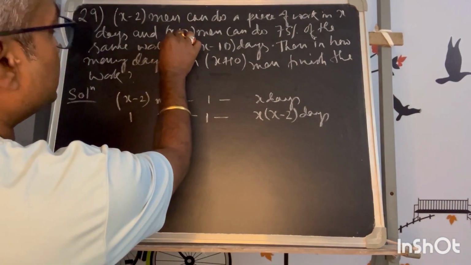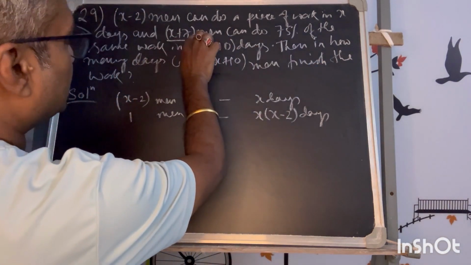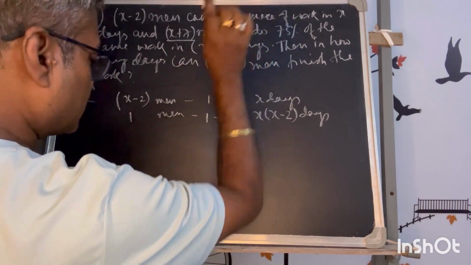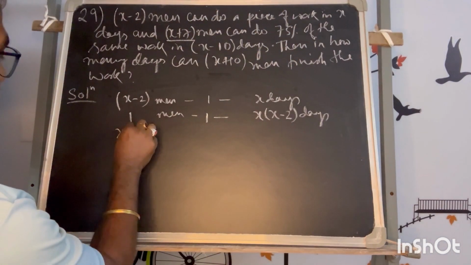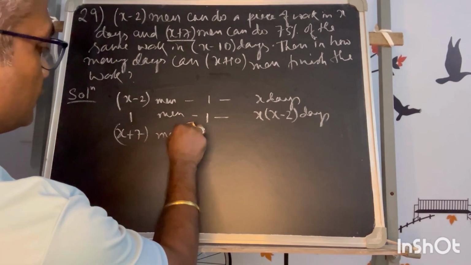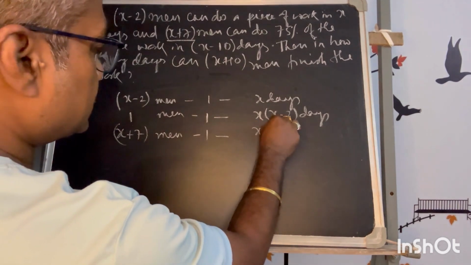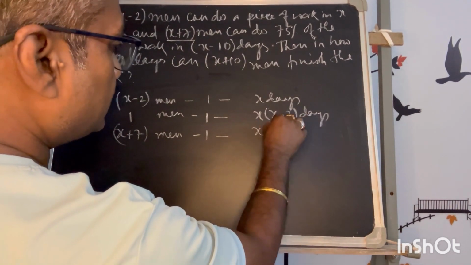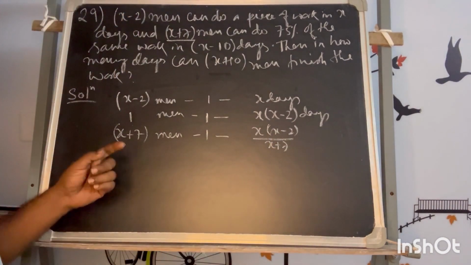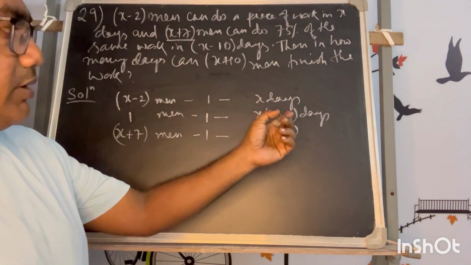Now I am to reach there. For that, slowly I will reach to this man, then after I will reach to this work. So X plus 7 men now, men are increasing, so my target job has to be completed in fewer days, definitely. So this will be divided. So go on thinking about how it relates to the dependent variable.